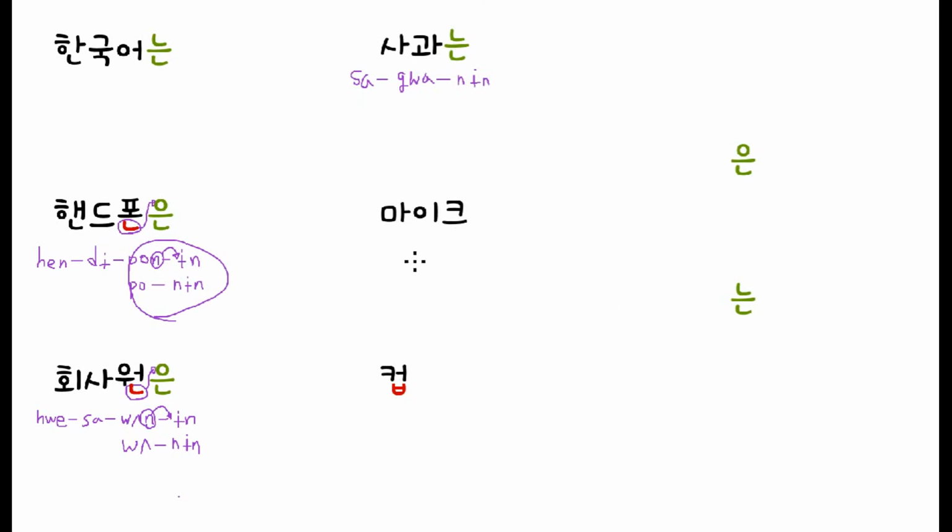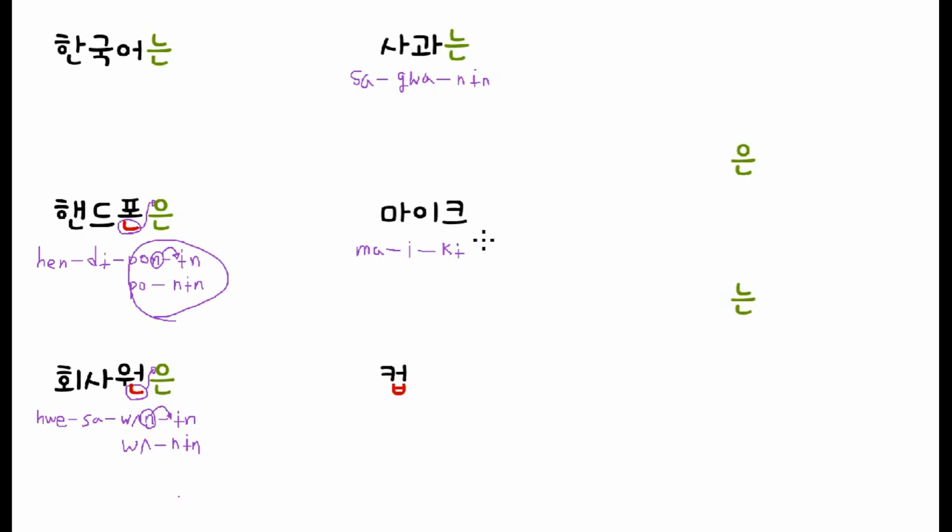마이크. Actually, sometimes you can guess what it is. 마이크. Guess what it is. It's actually mic. So I will write down m, ma, i, k, right?